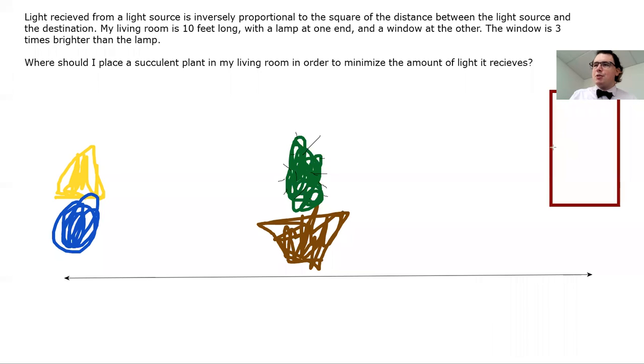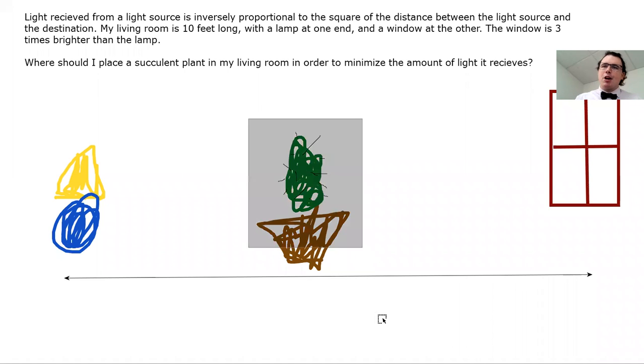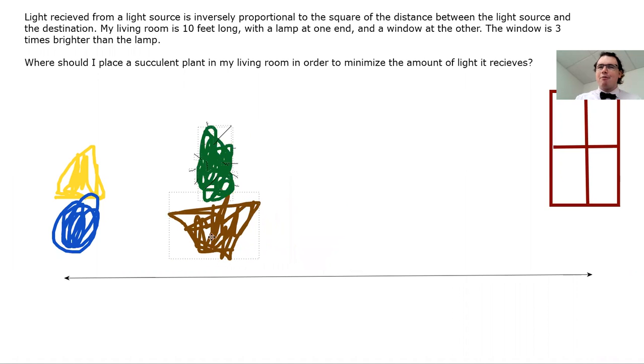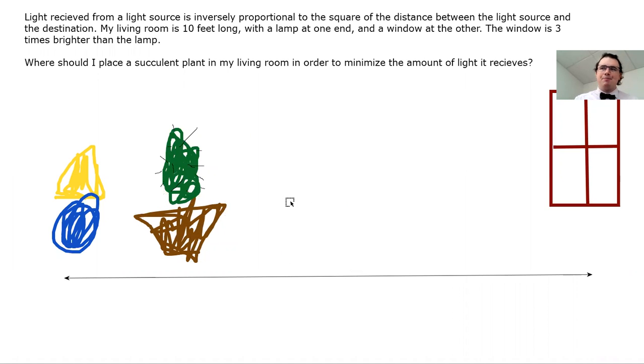Now, in order to apply calculus to this problem, I need to actually understand how to quantify what's going on. So maybe I want to move my plant farther away from the window over here, and that will reduce the amount of light that's coming in from the window that manages to make it to the plant.